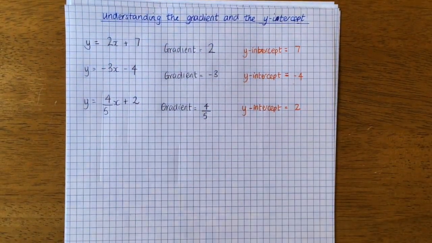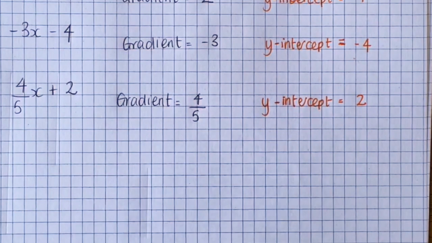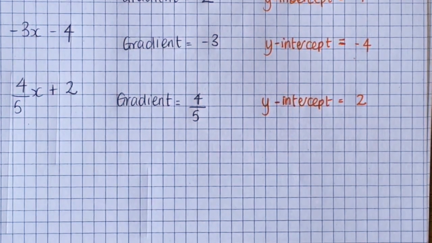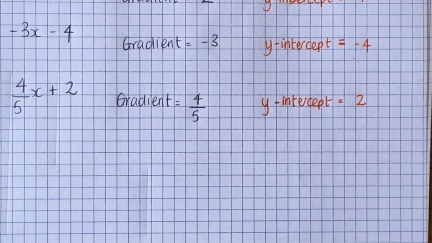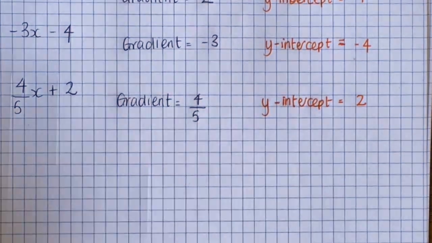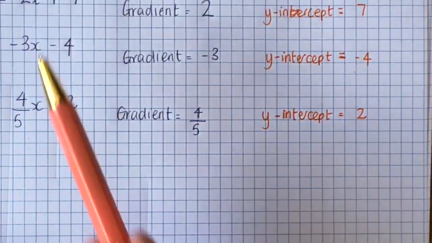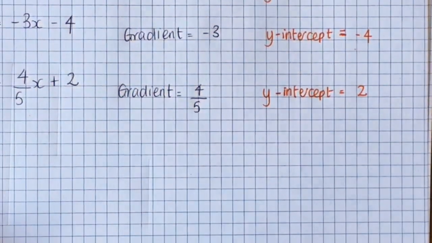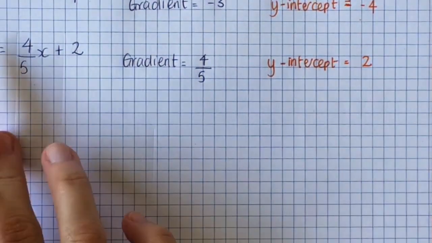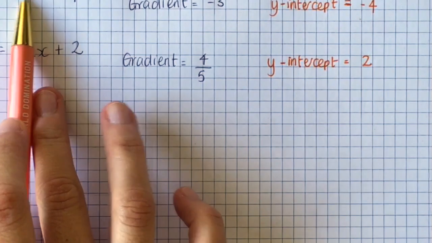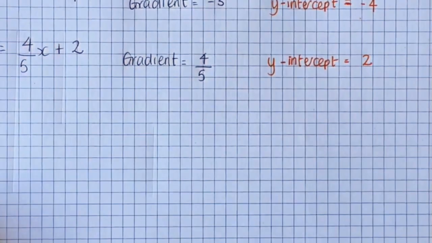The last part I'm going to show you is going to link to Wednesday's lesson. So you're going to be writing the equations yourself. This time I'm going to give you the gradient and the y-intercept, and then you've got to turn it into this form. They're always written in the same way. Y equals something x plus or minus something.